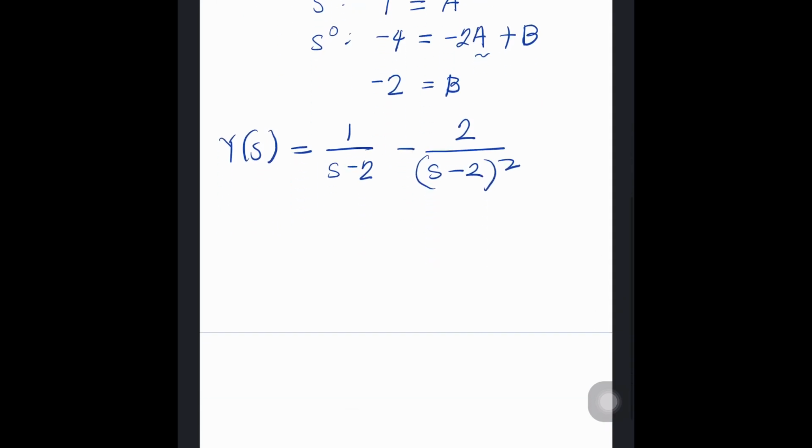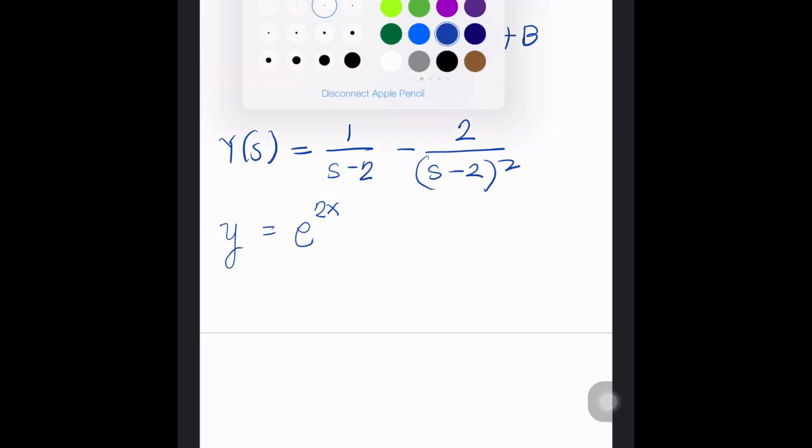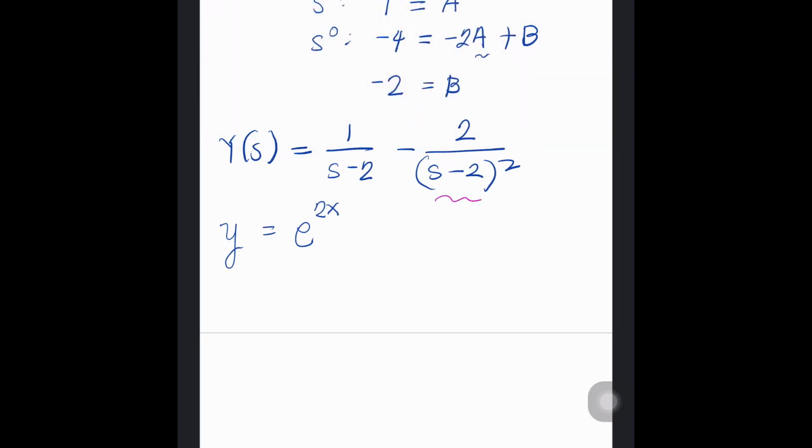Then let's take the inverse Laplace. So y equals, this one is e to the 2x. The next term: how do we inverse Laplace this one? To get the inverse Laplace, change the s minus 2 domain to s domain.